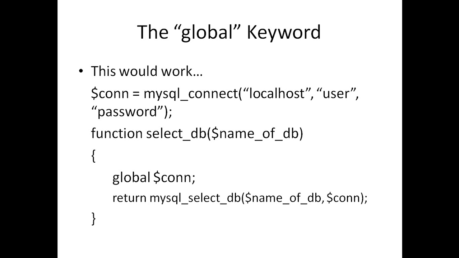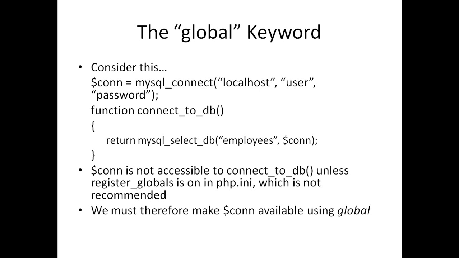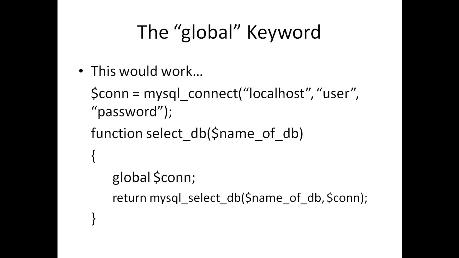I don't think I did name of DB in the previous section, so here I'm also showing you how to utilize a variable passed to the function. By using global $con, it basically goes out a level and says, okay, $con is set to this particular connection. I know what I'm talking about.